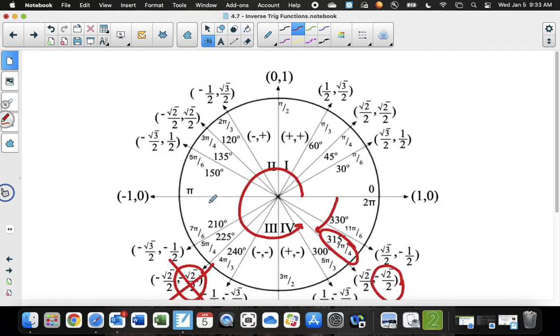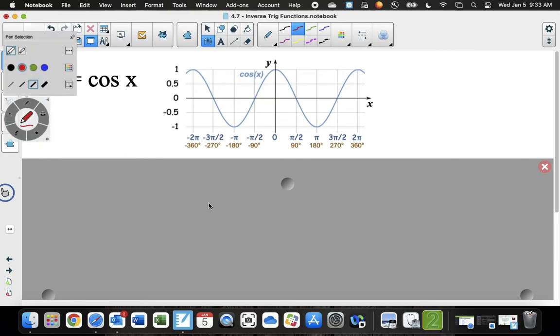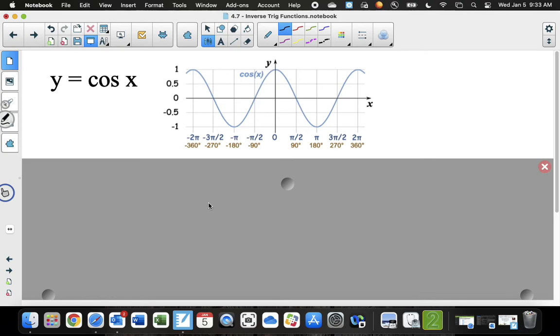All right, let's keep going. So there's inverse sine. Here's inverse cosine. You now have the concept, and now we need to apply it to other ideas. Same thing on cosine: it does not pass the horizontal line test. So we need to restrict it so that it does pass.